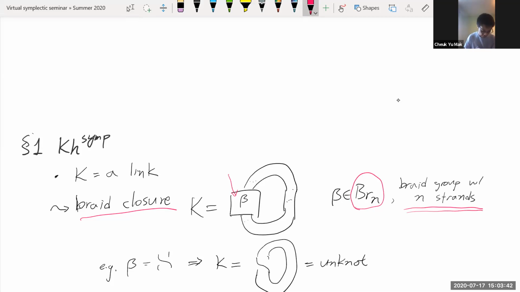For example, if you take a simple braid in the braid group of 2 strands of this form, then the corresponding link, as the braid closure of this braid, is the unknot.